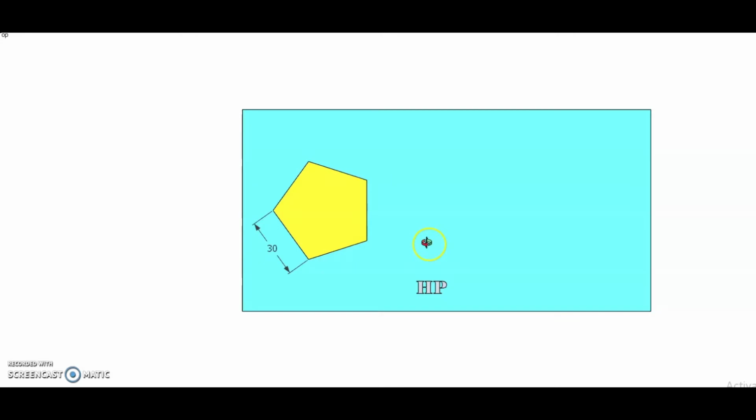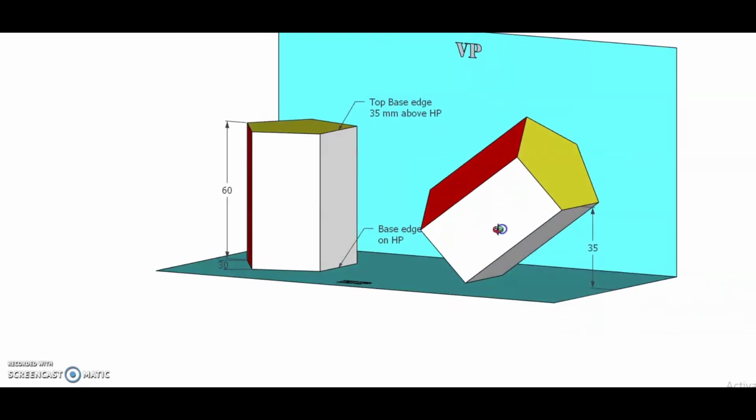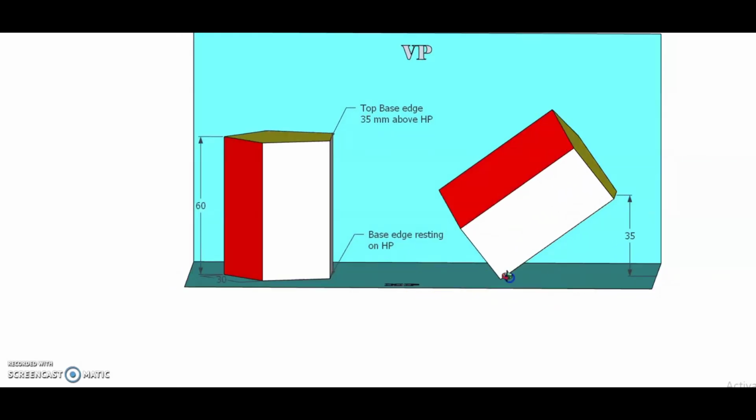Then as per the problem statement, we have to draw the given pentagonal prism which is resting on one of its base edges on HP and the top base edge of this rectangular face is 35 millimeter above HP.